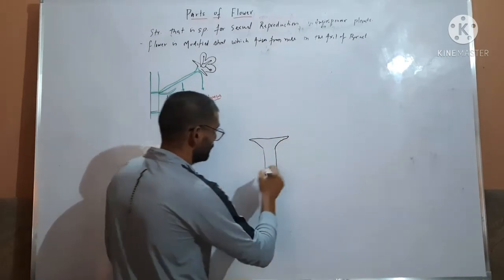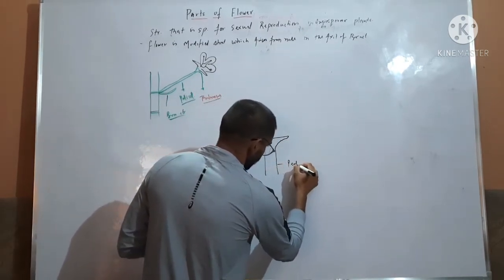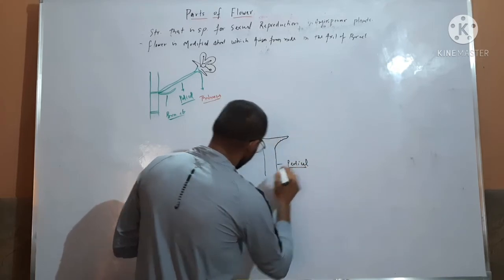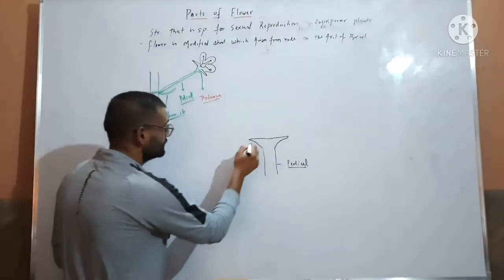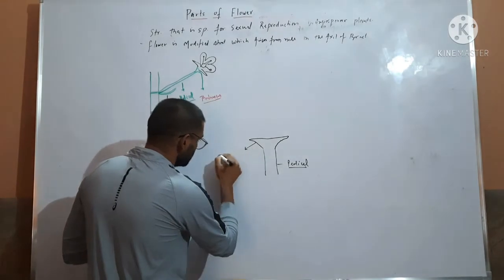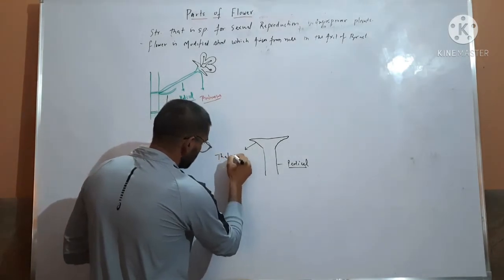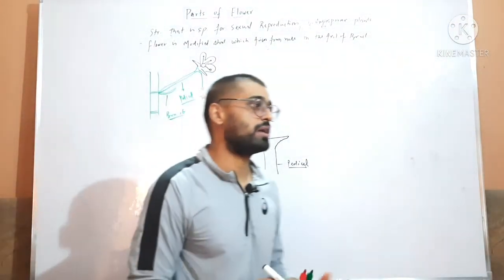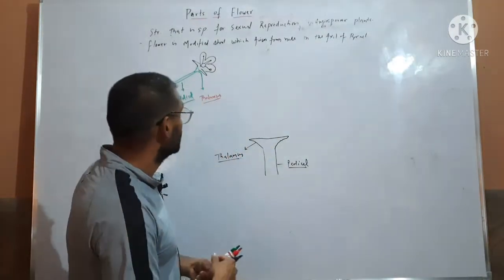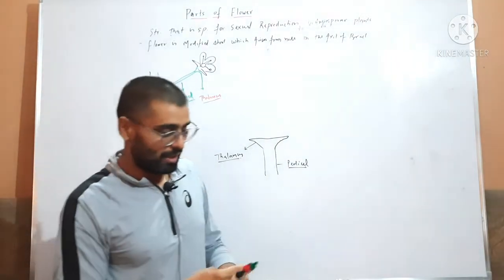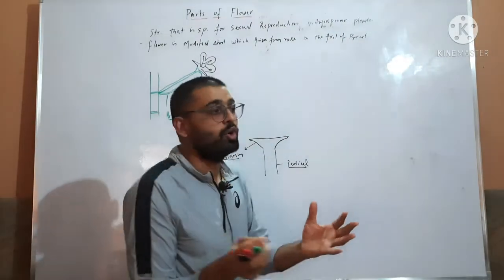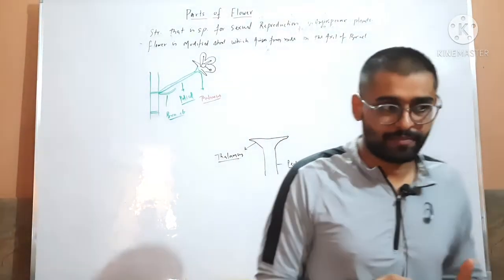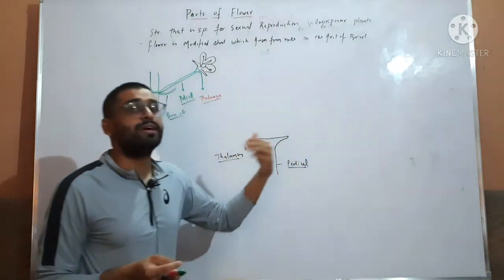This terminal part is called thalamus, and on this thalamus different parts of a flower are inserted, and we will discuss these parts one by one. So a flower has 4 different whorls. We will start from outside to inside.